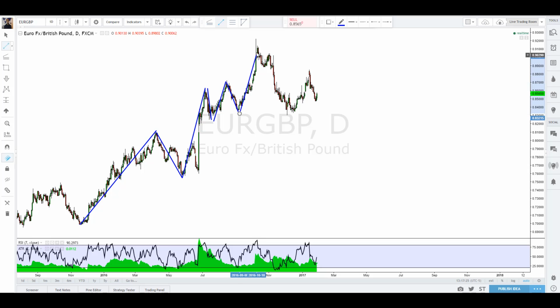However, we've created a new structure high right here, and then we've kind of almost had a double top, and then we've come back down to test previous structure lows, our previous outside return, and then we've come back up to retrace, but didn't quite get to our previous structure highs, and now we've consolidated again or retraced again. And again, technically, this is still a bullish move.